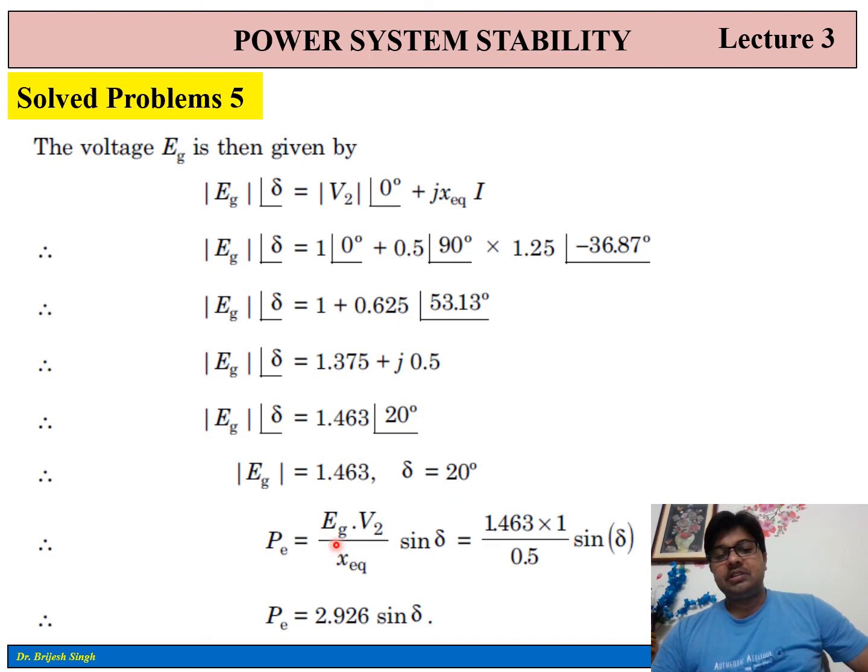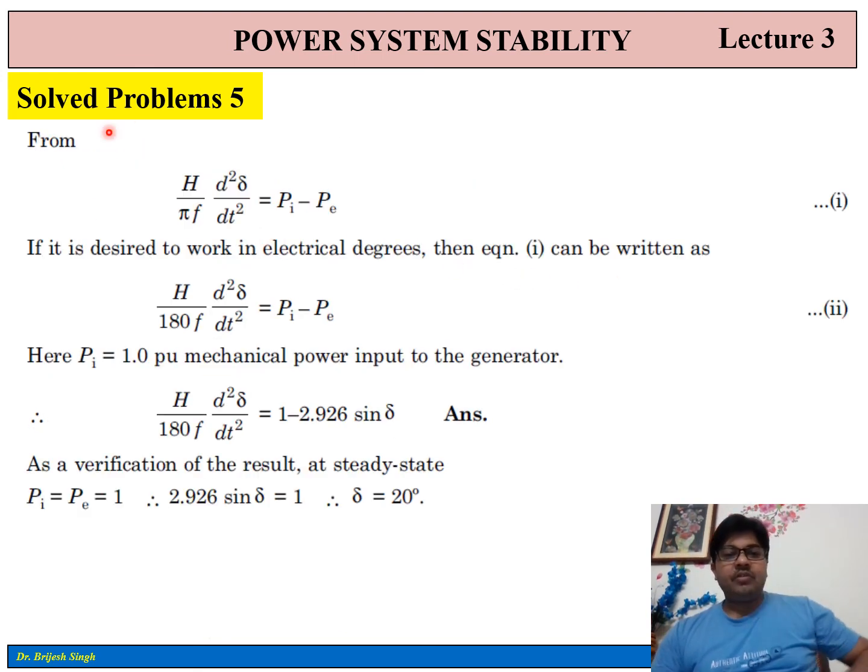So P is Eg V2 upon x equivalent sine delta. If you put the values here, then you will get the final value of the power which is injected to the infinite bus. P is this much. Now from this equation, we will have the swing equation. If the delta is in electrical degree, then equation 1 can be written in this form.